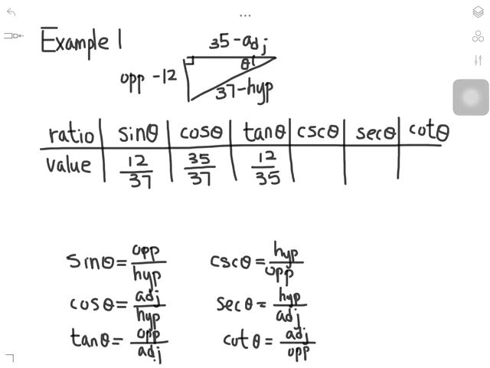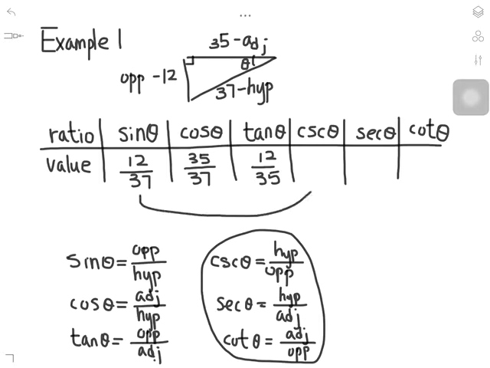How about cosecant, secant and cotangent? Would you like to go over the definition again? Would you like to use the definition to write out the numbers? Well, you can definitely do that. But for me, I will just take this number and take the reciprocals. What does it mean by reciprocals? I flip the numbers. So cosecant is the reciprocal of sine.